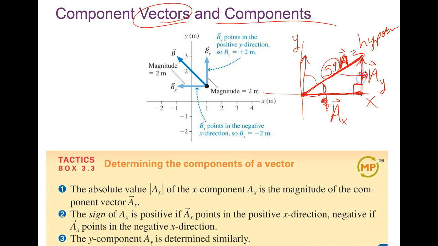To get the y direction, it's going to be sine of your angle will be the AY over the hypotenuse A. Cosine of that angle will give you your AX component, your x direction component, divided by the length, or the magnitude rather, of the A vector.